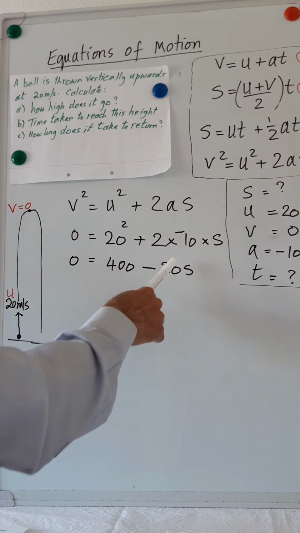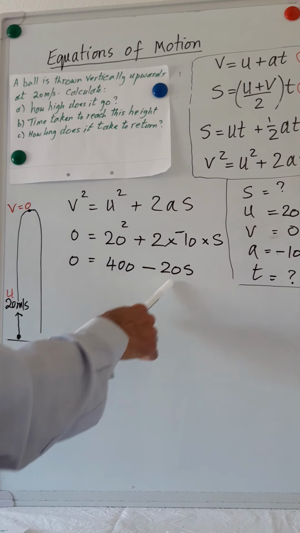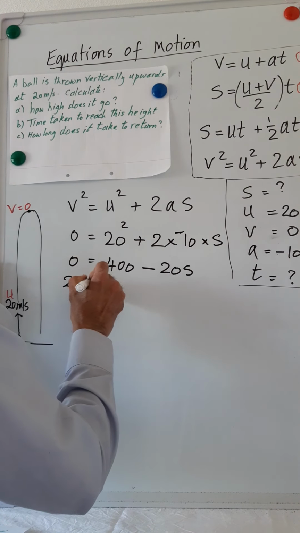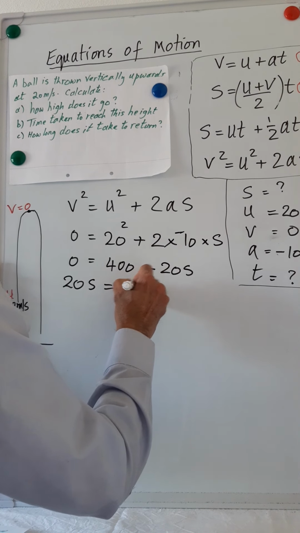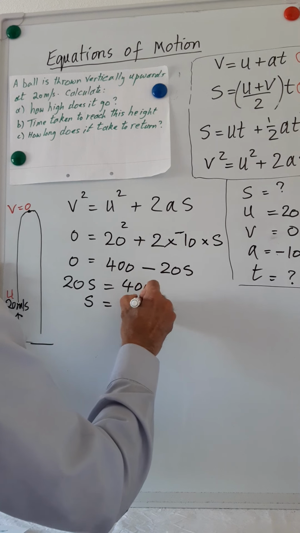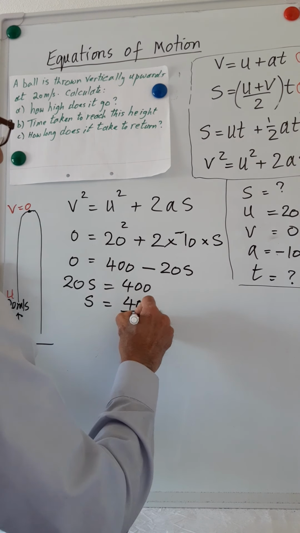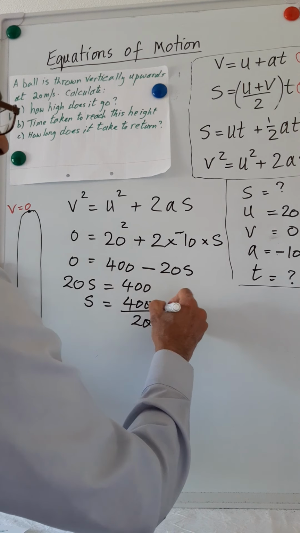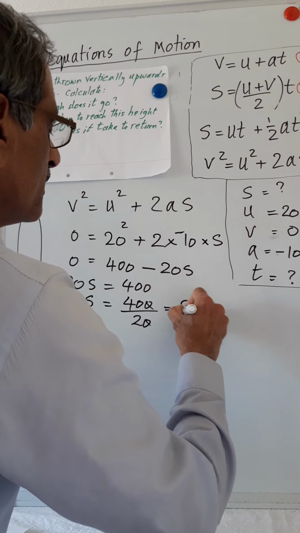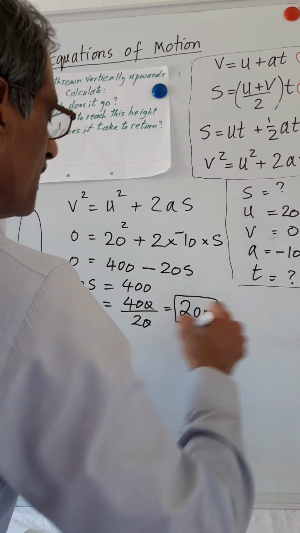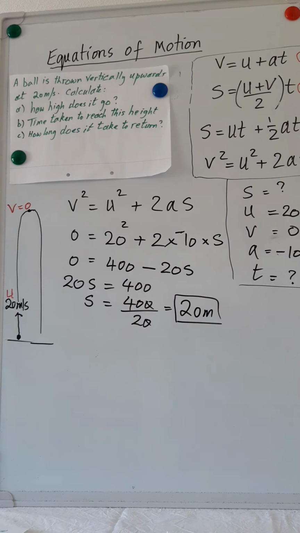If you take the 20s to this side, that becomes plus 20s. 20s equals 400. So s is going to be 400 divided by 20. Cancel the zeros. 40 divided by 2 is 20 meters. So it reaches a height of 20 meters.